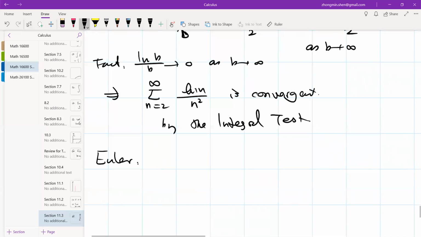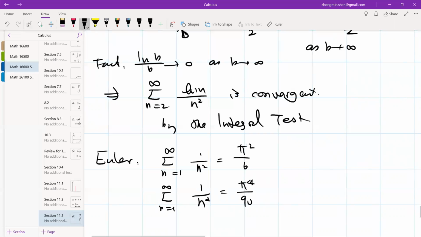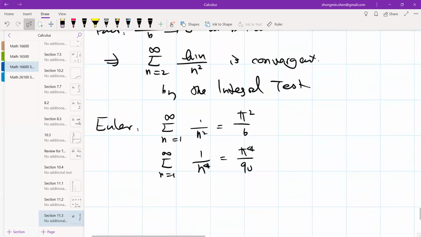Okay. So he actually proved that for this case, you cannot use the integral, we can only estimate right now. Okay, and then he also did this. When it becomes the fourth power, it's going to be pi to the fourth power over 90. Okay, so at least it's convergent, and he even found out that the infinite series converges to some very special number.